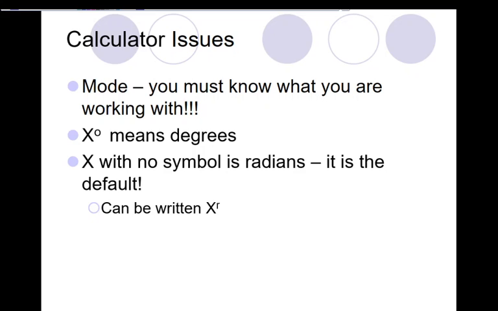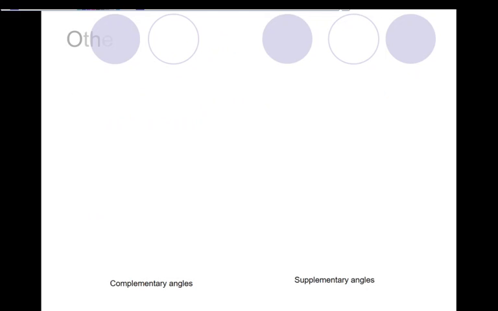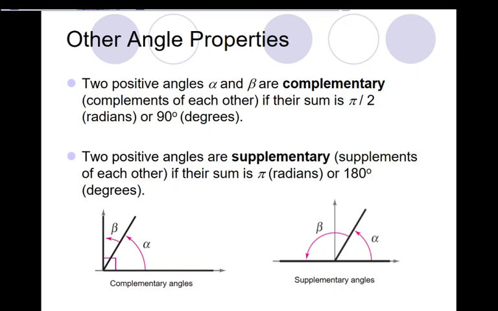Also, some textbooks and some notes write it as X or a number with a little R symbol. I've seen that twice, and that's the only reason I bring it up, so that if you do see it, you know that this means radian. Now, complementary and supplementary angles. This is, again, way back from geometry. Complementary are angles that add up together to 90 degrees.